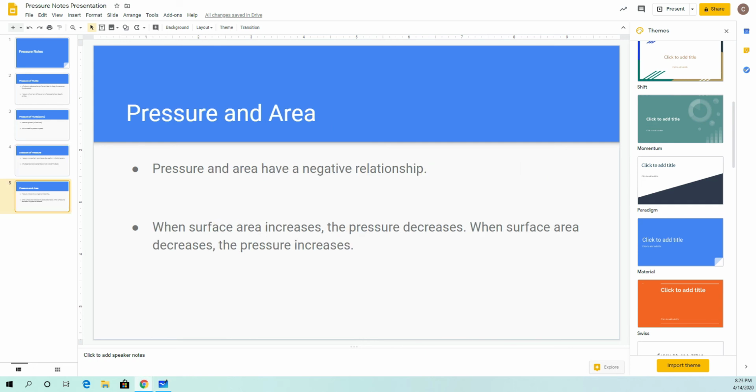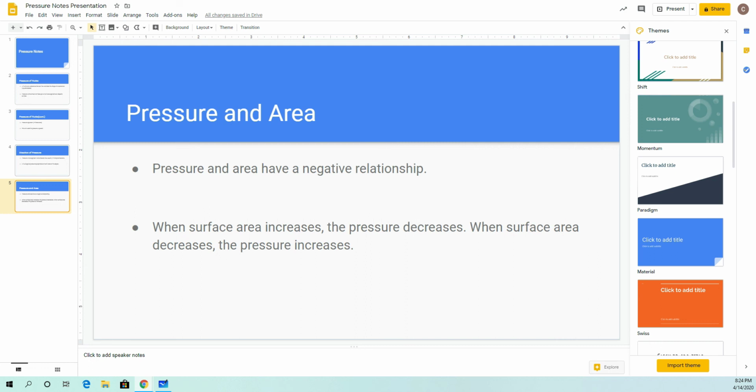Lastly, what you saw yesterday when you applied pressure to your forearm with a finger versus with your hand. Pressure and area have a negative relationship. That means when one increases, the other decreases. So if we look, when the overall surface area increases, the pressure decreases.